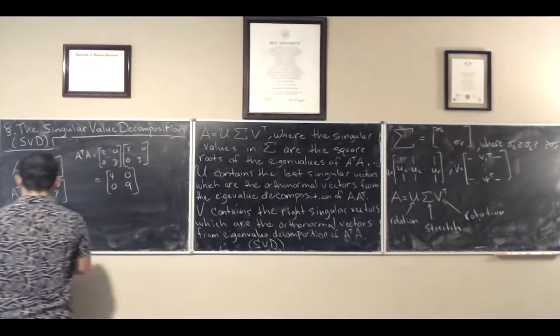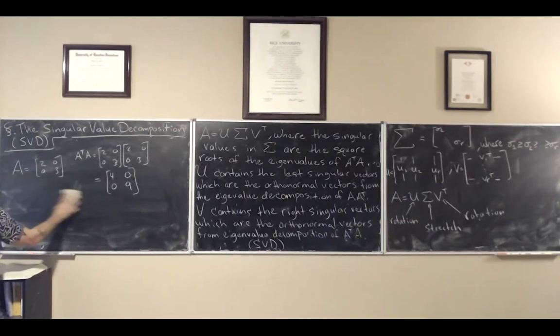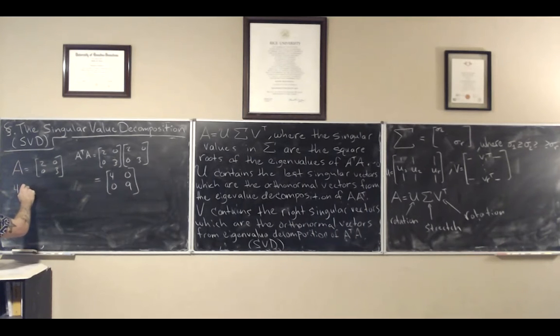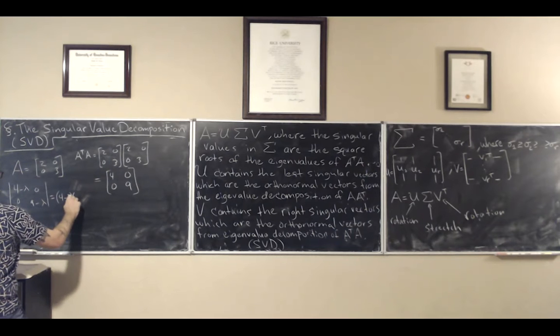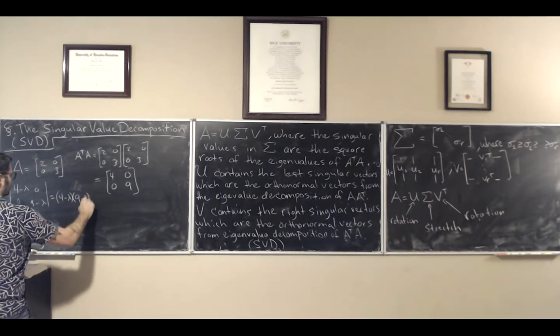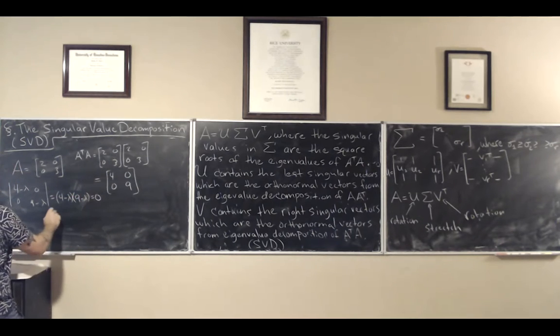So to do that, we're going to have the determinant of 4 minus lambda, 0, 0, 9 minus lambda. So we get 4 minus lambda times 9 minus lambda. This is all set equal to 0, by the way.